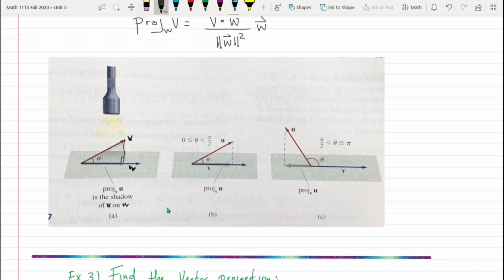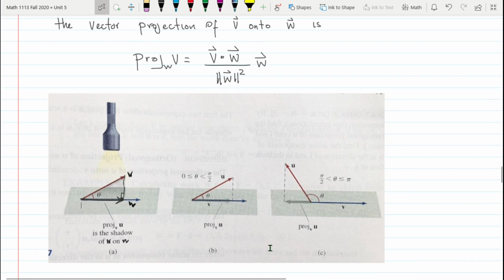You're trying to figure out what the distance is from here to here. How much is vector v pointing in the same direction as vector w? That is one way to look at it.